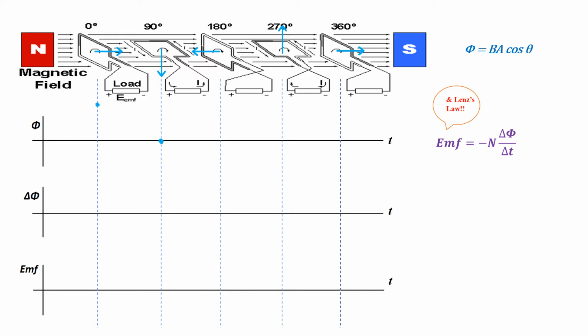And the third coil, the angle between the normal and the magnetic field equals 180 degrees. And since cos 180 equals -1, therefore we will get a negative maximum flux, which is below the graph. Now the fourth coil, the angle between the normal and the magnetic field equals 90 degrees, so therefore there will be 0 flux. And the last coil is similar to the first coil, so therefore we'll get a maximum flux.